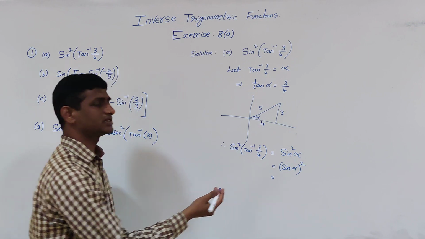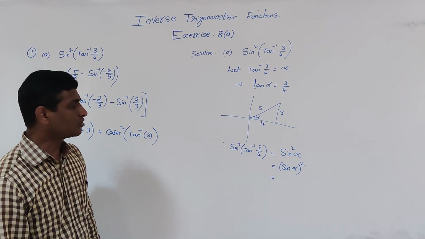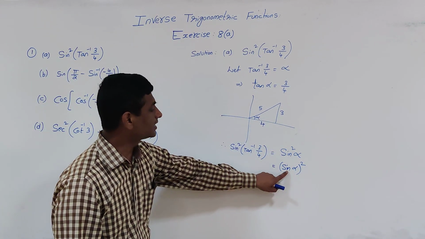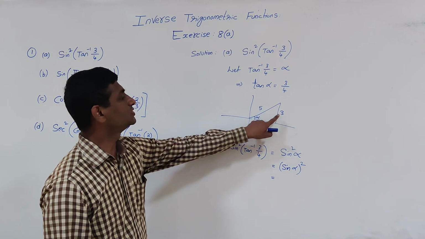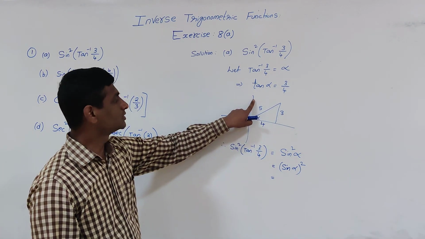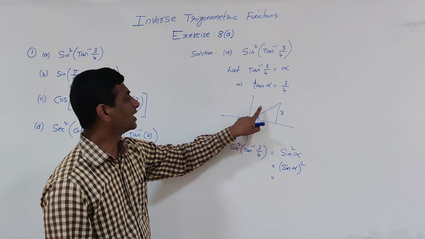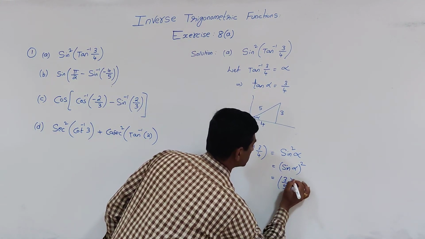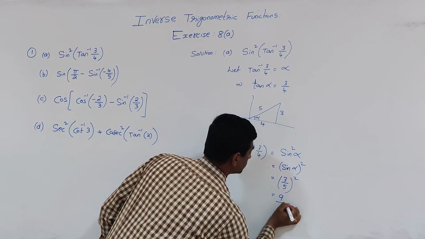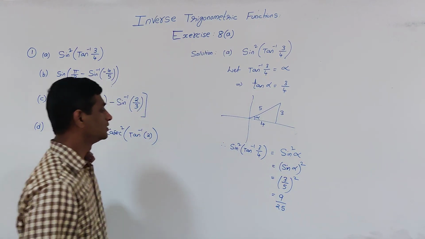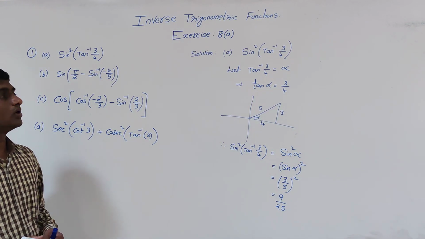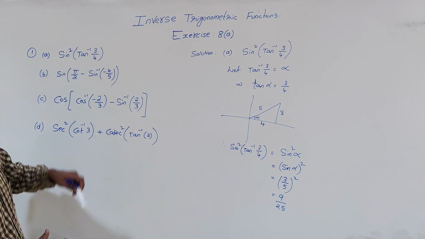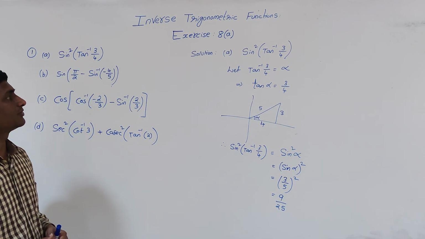Sine square alpha is the same as sine alpha into sine alpha. So from this right angle triangle, what is sine alpha? Opposite side by hypotenuse. So opposite side is 3 and hypotenuse 5. So it is 3 by 5 whole square, which gives 9 by 25. So the solution of sine square tan inverse of 3 by 4 is 9 by 25.